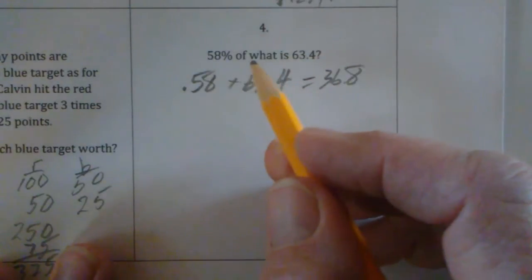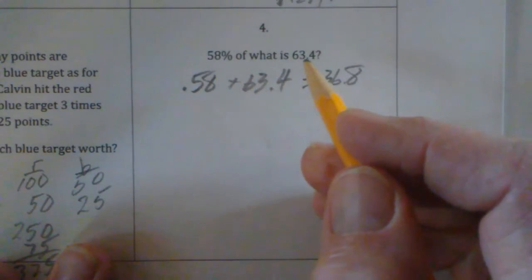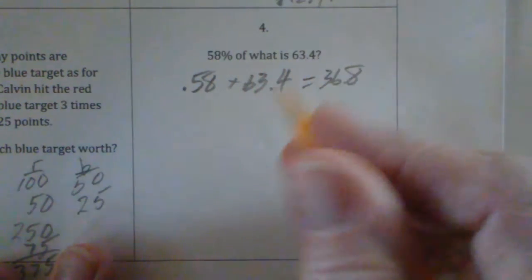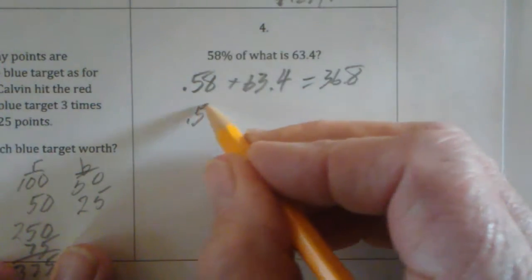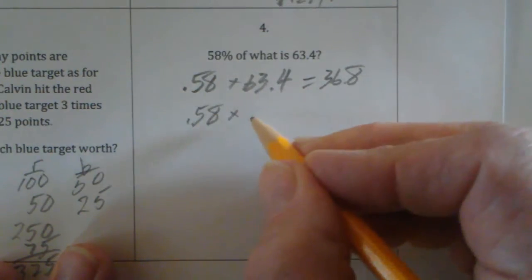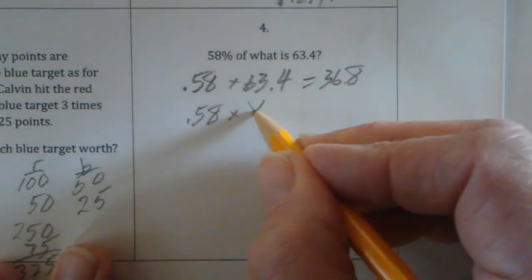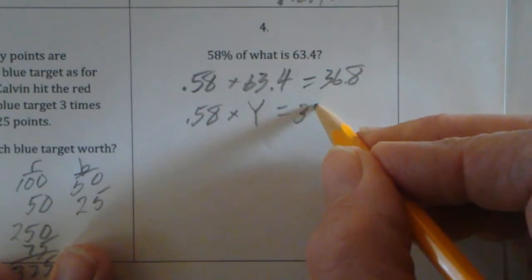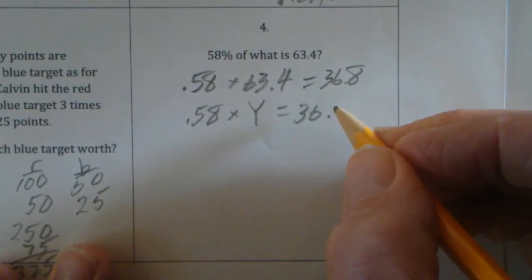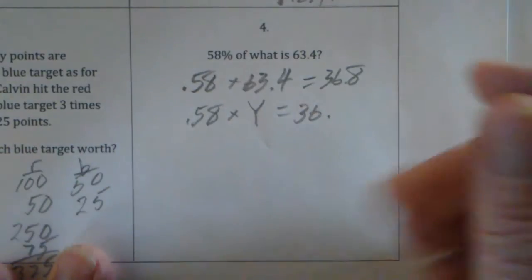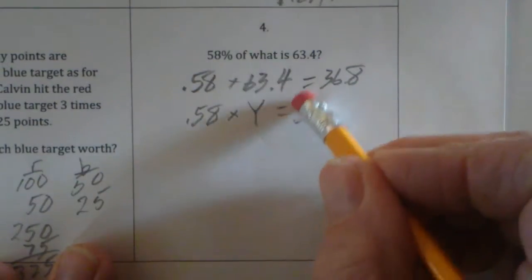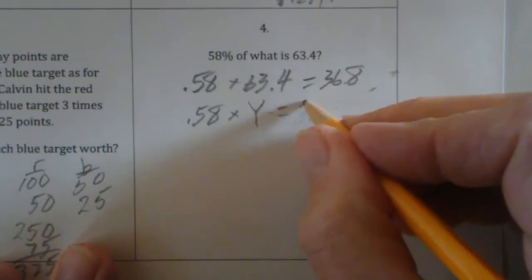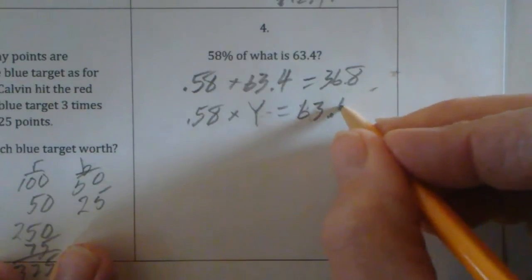But then I looked back and I realized, it didn't say 58% of 63.4. It said 58% of what? Meaning what number is 63.4? That means 0.58 times, I'm not going to use an x because that looks like a times sign, I'll say y, equals 63.4. 58% of what number is 63.4?